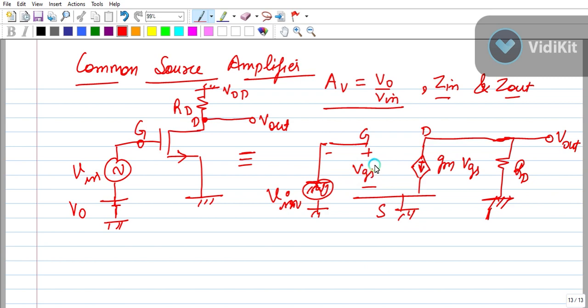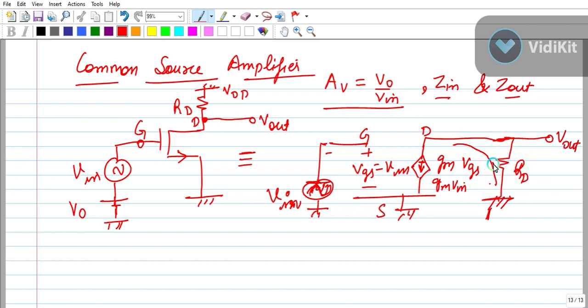This VGS is equal to what? V in. So this VGS is equal to V in. So let's calculate V out. First of all, this GM VGS will become GM V in, because VGS equals V in only. Now let's apply the KVL.